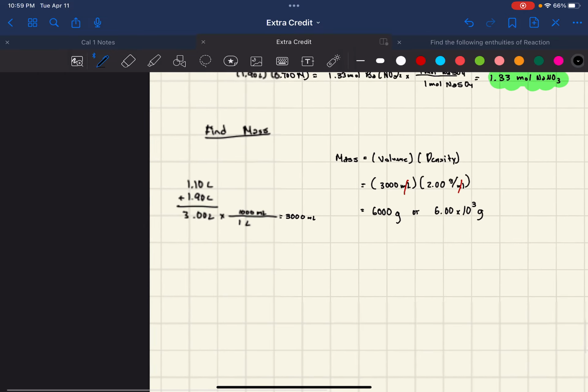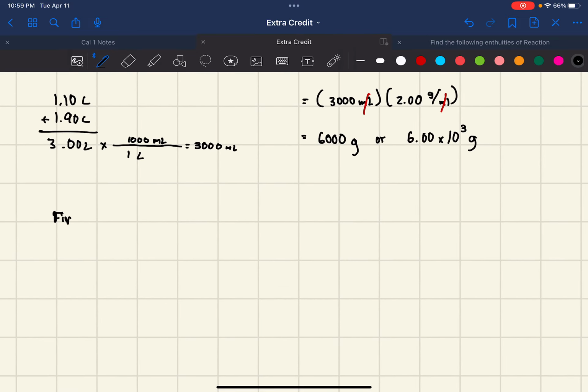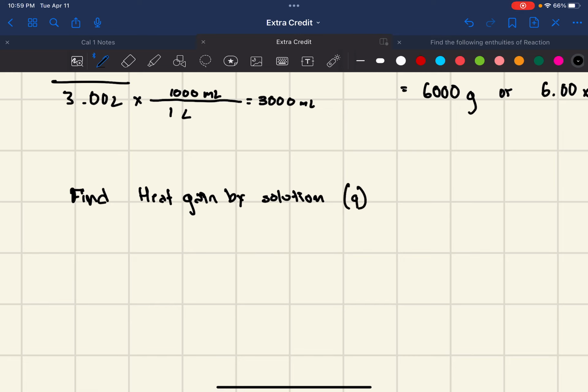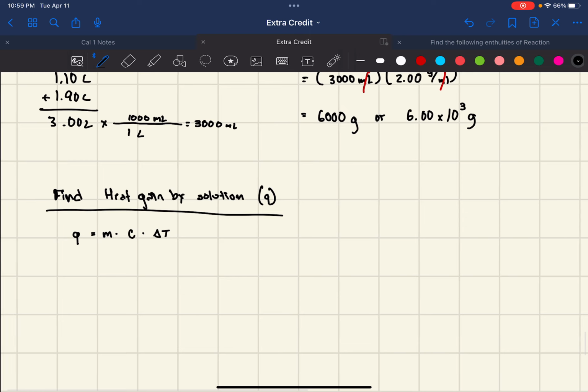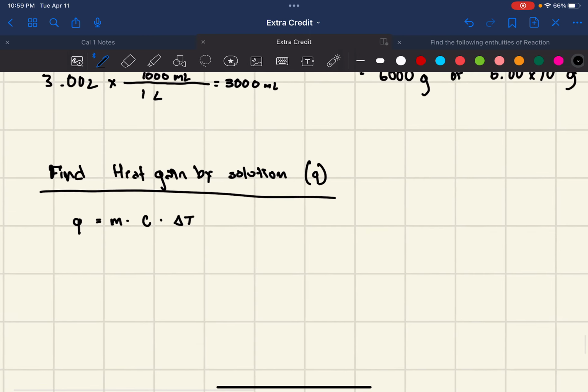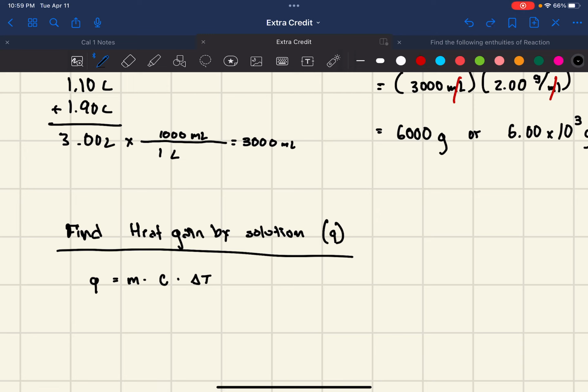All right, now the next step is to find Q, or in other words, the heat gained by the solution. So Q is composed of m c delta T, or mass times specific heat times delta T. The information is telling us everything that we need. We already found the mass, so let's put everything into this formula.